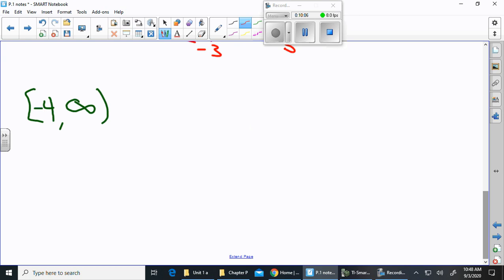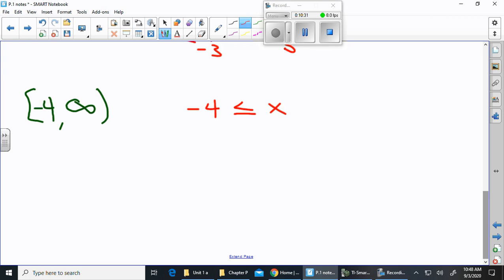Last one here, -4 to infinity. Well, that means it's starting at -4. The nice thing about interval notation, you always know the first thing is the smallest thing. You always put less than or equal. It's all based on, is it a bracket? Is it a parenthesis? If it's going to infinity, I could just say that.